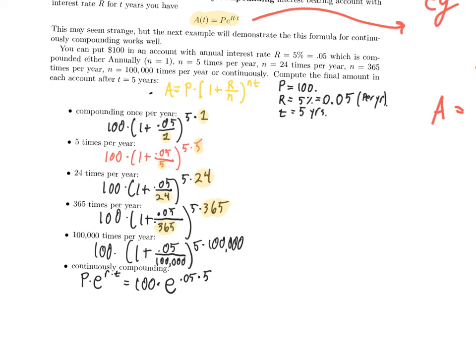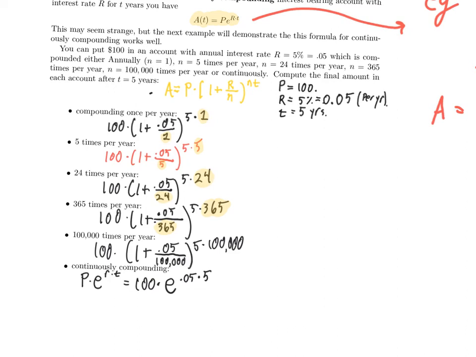A is equal to principal times 1 plus the interest rate divided by the number of times you compound per year, raised to the number of times you compound per year times the number of years. In this instance, the principal is $100. I've suppressed the unit. The interest rate is 5%. The time elapsed is 5 years.